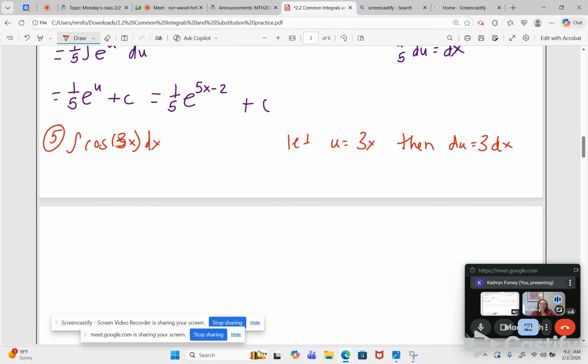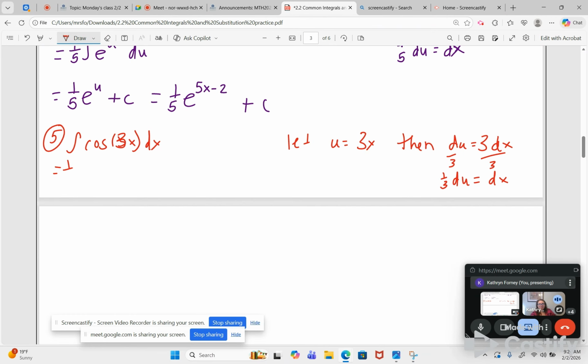Now, there's not a 3 in here. So for me, I just look and I think, well, what's the opposite of multiplying by 3? Multiplying by the reciprocal. However, if you need to show that, that would be 1/3 du is equal to dx.